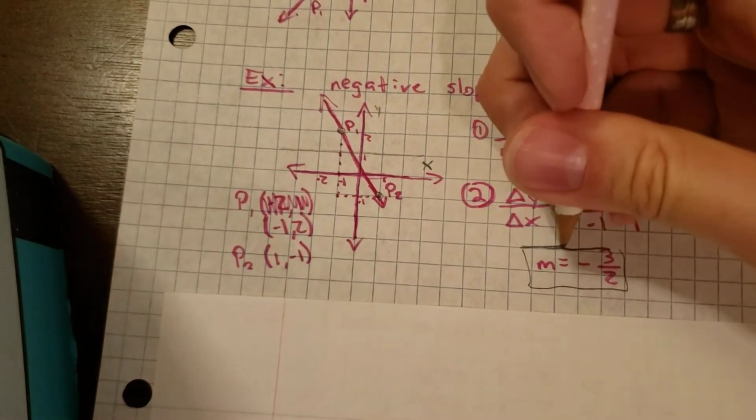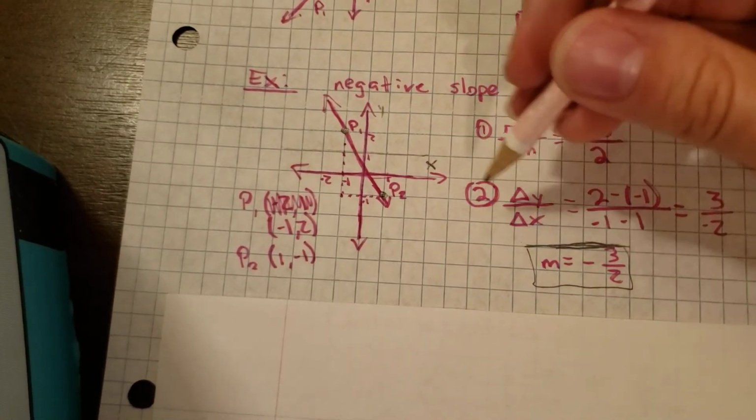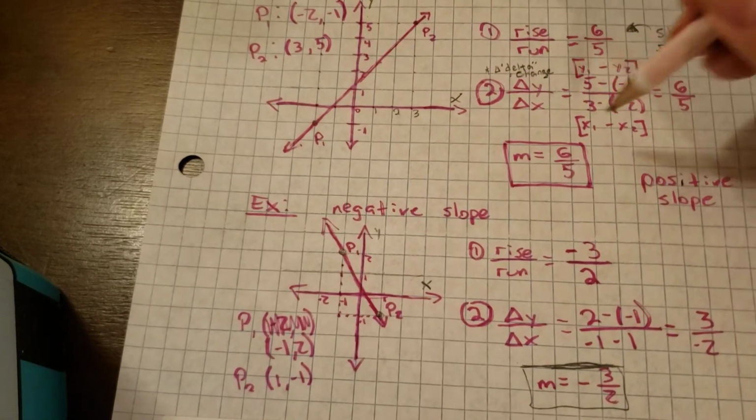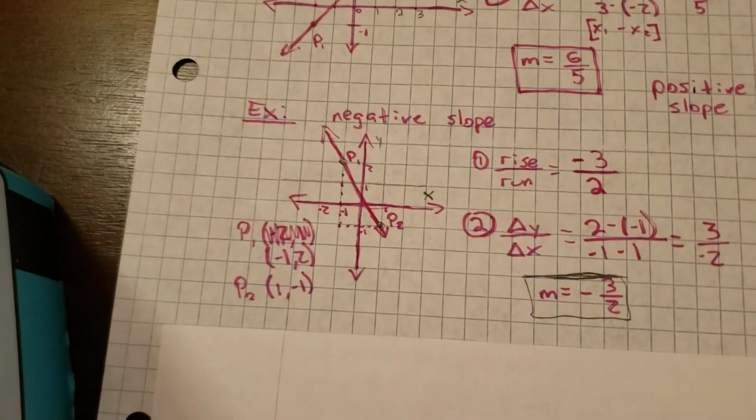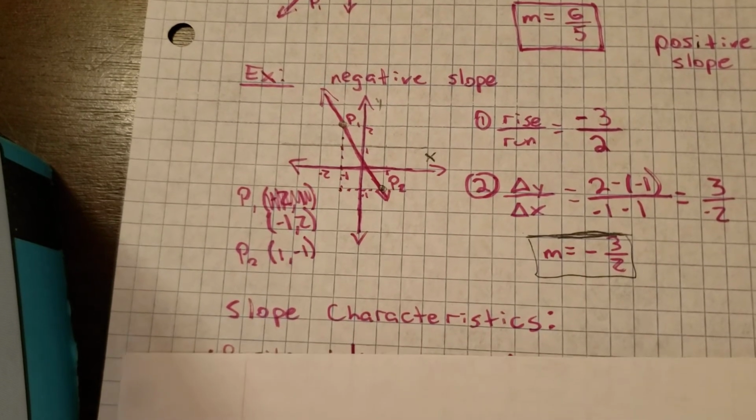Okay. Again, in just a moment, I'll show this second format of subtraction. But first, let's talk about some slope characteristics.